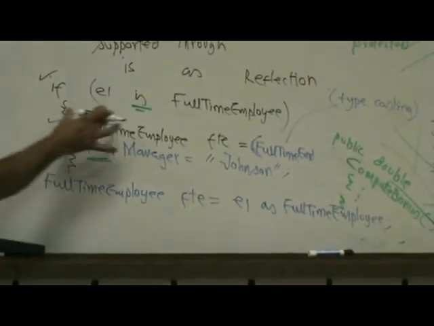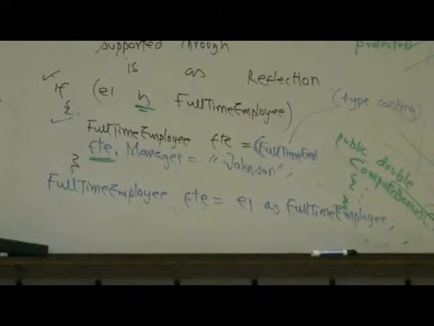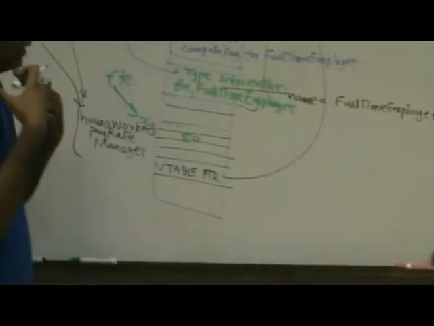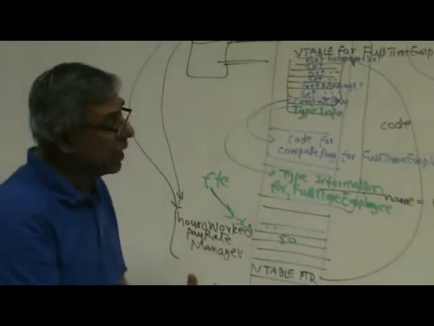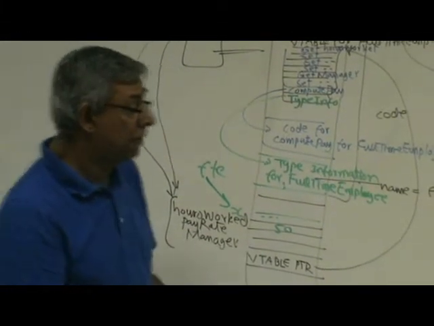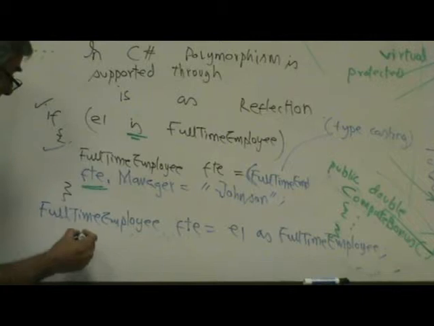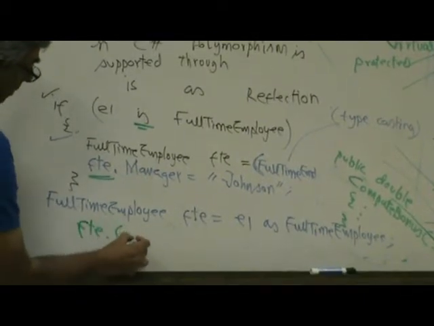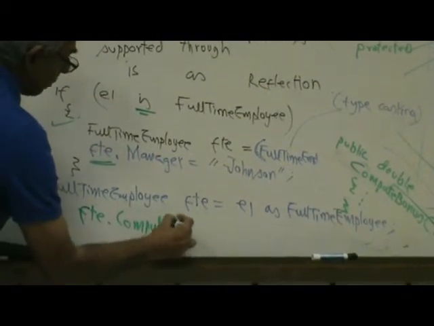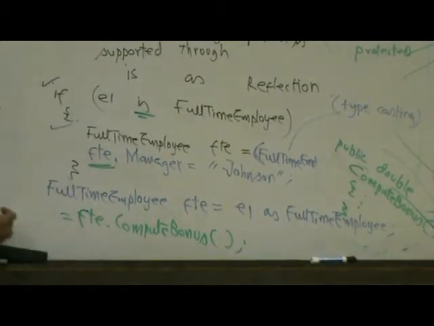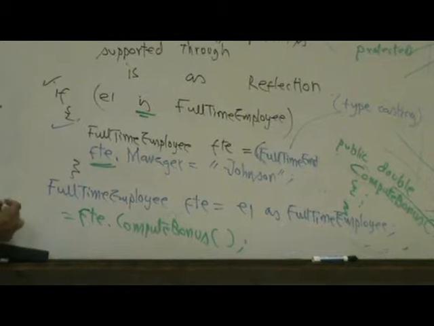You don't have to explicitly typecast if you're using the as operator. It will automatically check, and if successful, also give you a reference pointing to the full-time object, and you can call it anything you feel like. Now through FTE, if you call compute bonus, it will work. Double bonus equal to.